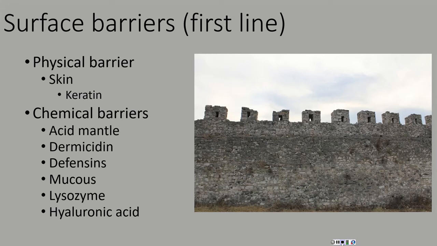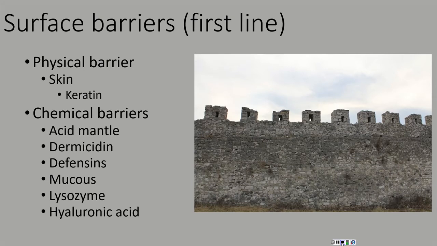Mucus. Mucus is a protein released from various cells throughout our body, such as in our respiratory system, in the trachea, inside the nasal cavity, deeper down into the lungs, but also other places throughout our body.